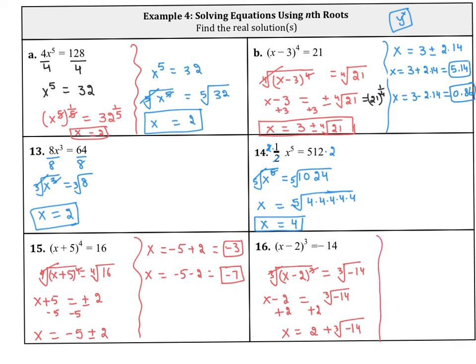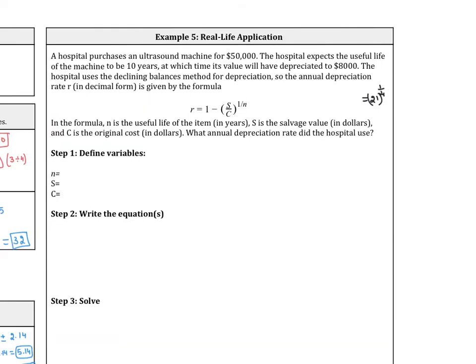Now we can find -14 to the power 1/3 from the calculator. We can put that into the calculator like this. So the answer for this one is x equals approximately -0.41.